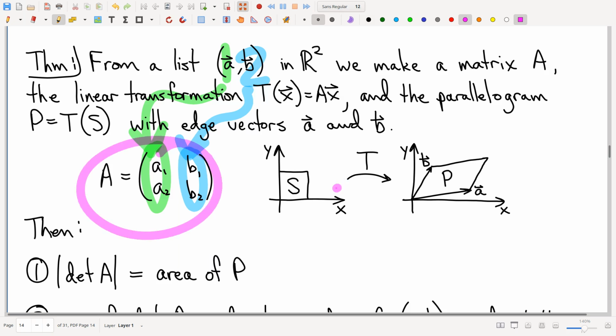Given a matrix, there is a corresponding linear transformation from last week, right?